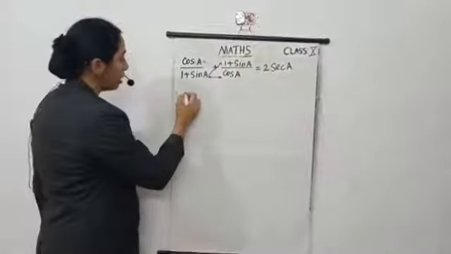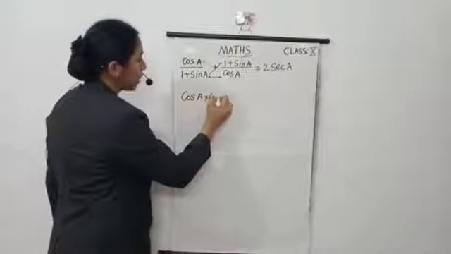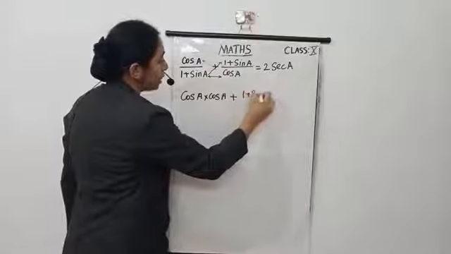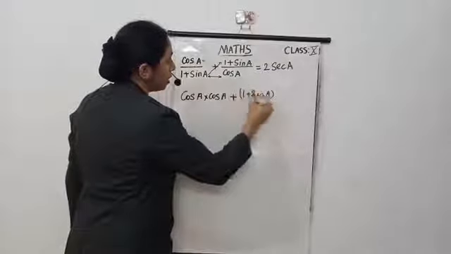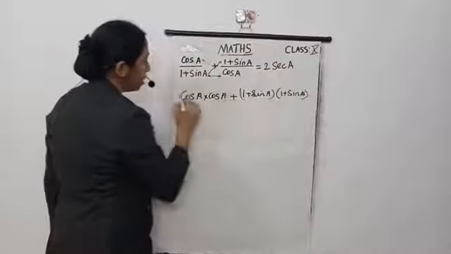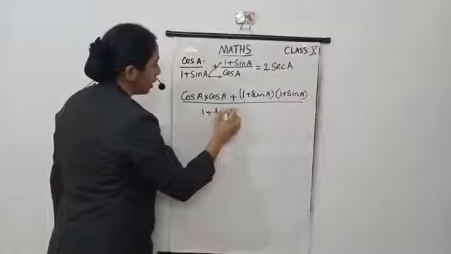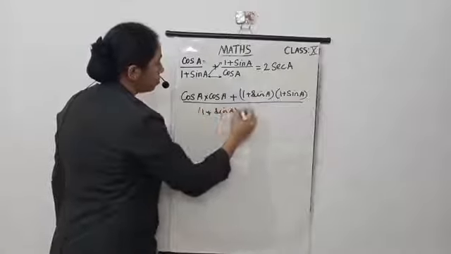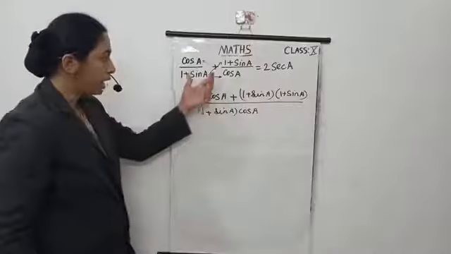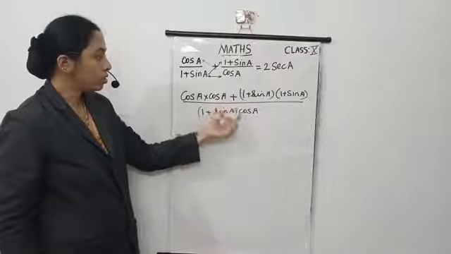Okay, so do that. cos A into cos A plus (1 plus sin A) into (1 plus sin A) divided by (1 plus sin A) into cos A. So we solve fractions like this.